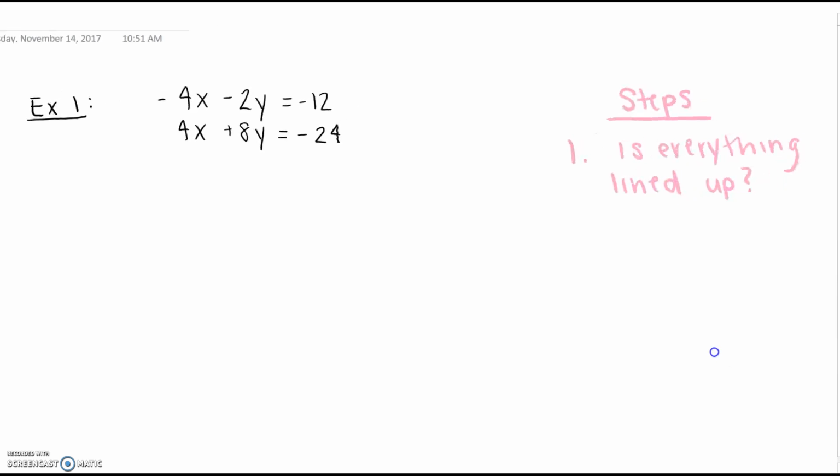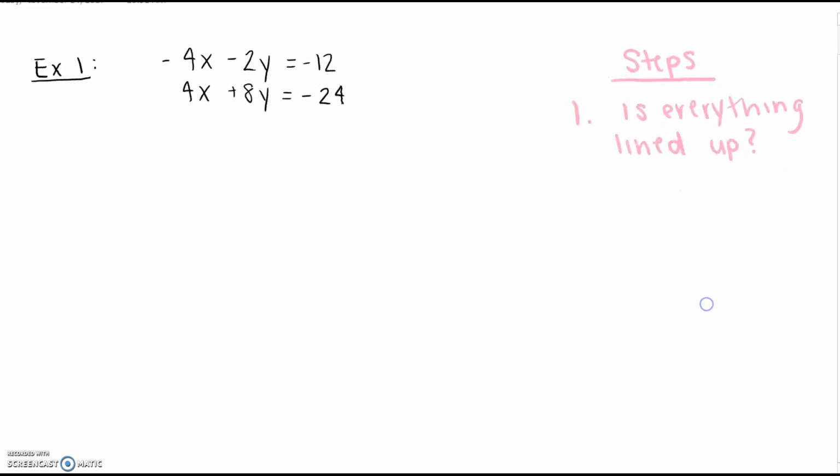Okay, because you can't use elimination until everything's lined up. So you'll see, okay, our x's are lined up, our y's are lined up, our equal signs are lined up, and our constants are lined up. So since everything is lined up, the next thing we're going to do is choose a variable to eliminate.